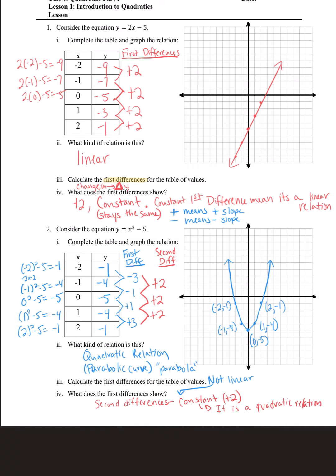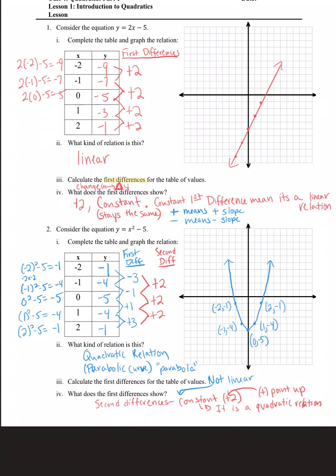Okay, and since our second differences are positive, it shows that the quadratic is going to point up. So the arrows on the end of my parabola point up because the second difference is a positive 2. Okay, and obviously if it was negative, we would be pointing down.